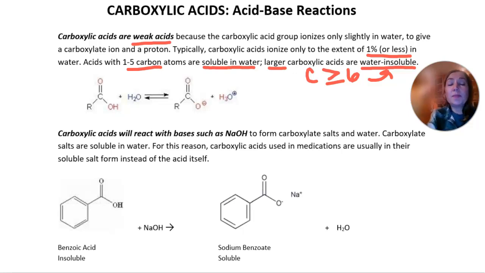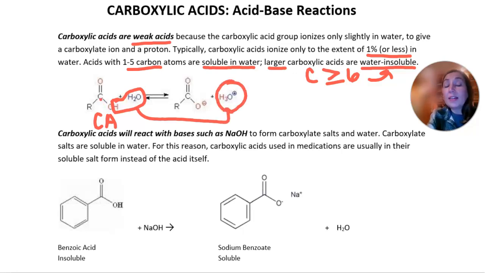So let's think about it. Our carboxylic acid is R, C, double bonded to O, and then OH. When it gets together with water, the hydrogen of the carboxylic acid gets together with water to form H3O plus. That leaves the carboxylate ion negative and the H3O plus positive.